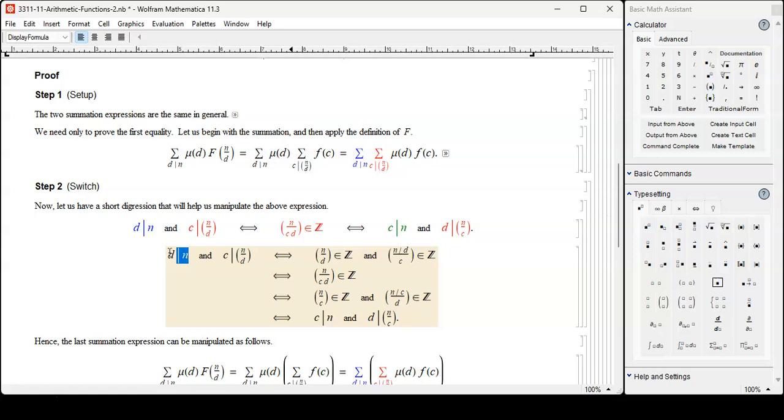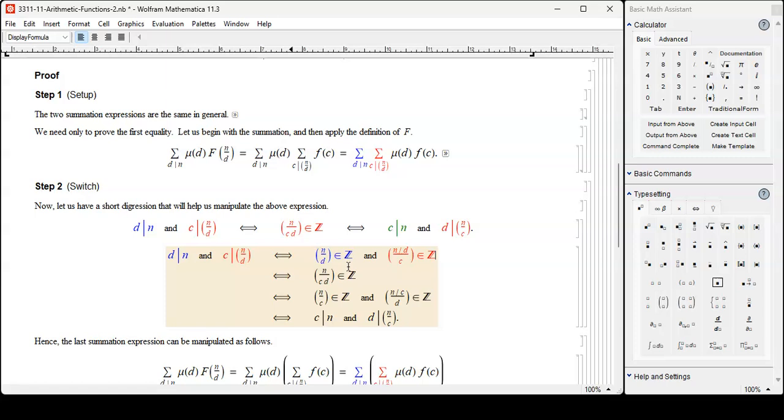So D divides N, and then C divides N over D can be written as follows. N over D is an integer, yeah, blue, and C divides N over D, so N over D over C is an integer. N over D is not a rational number. I mean, it is, but it comes down to integer because D divides N, so N over D is an integer, we know that, blue.